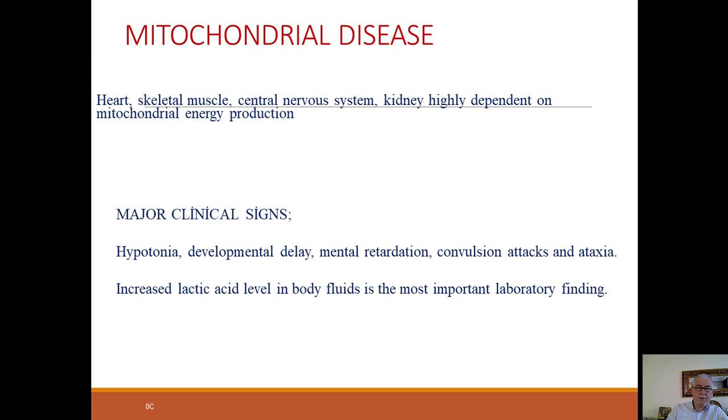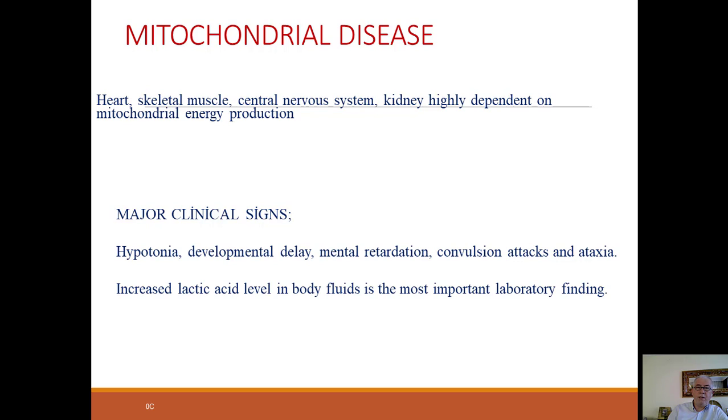The heart, skeletal muscle, central nervous system, and kidney highly depend on mitochondrial energy production. The major clinical picture or signs are hypotonia, developmental delay, mental retardation, convulsive attacks, and ataxia. Also, increased lactic acid level in body fluids is the most important laboratory finding.